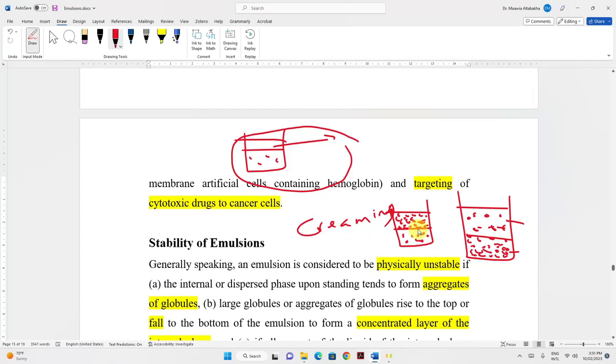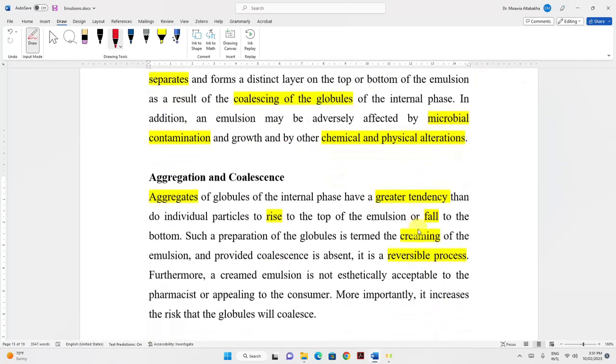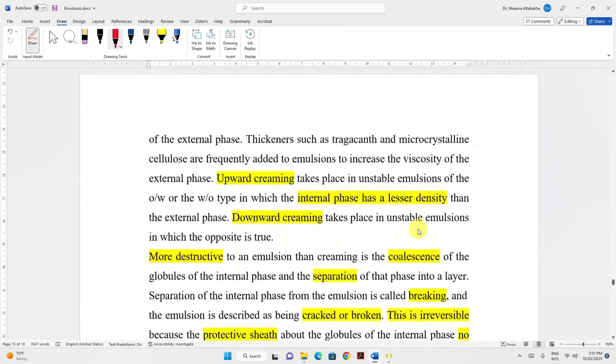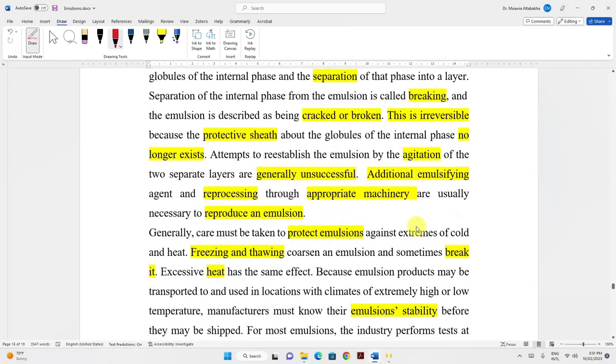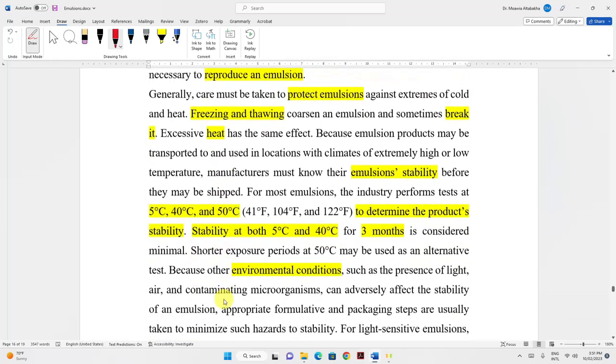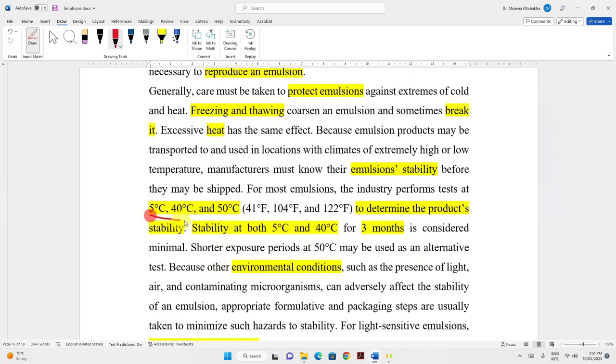That's why before you put this emulsion into the market, you subject the emulsion to some extreme temperature to see whether they can withstand this kind of environment, for 3 months. If they can withstand for 3 months, it means they are good to go to the market.